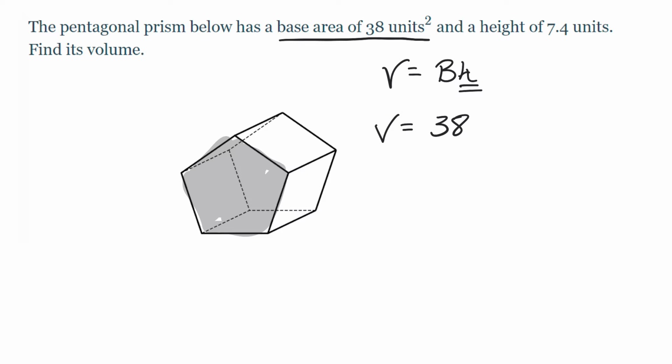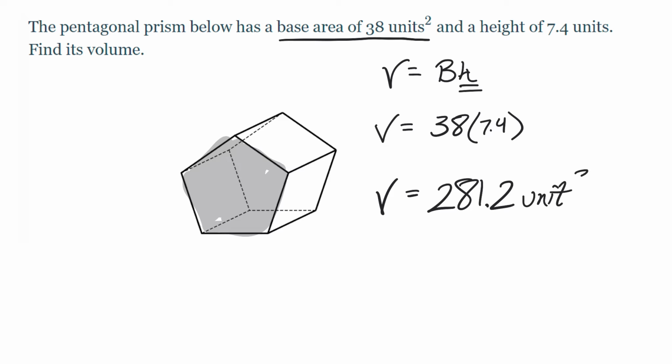So we're given our base area times our height of 7.4. So the volume is going to be 281.2. It says units here, so this will be units cubed. So 281.2 cubic units.